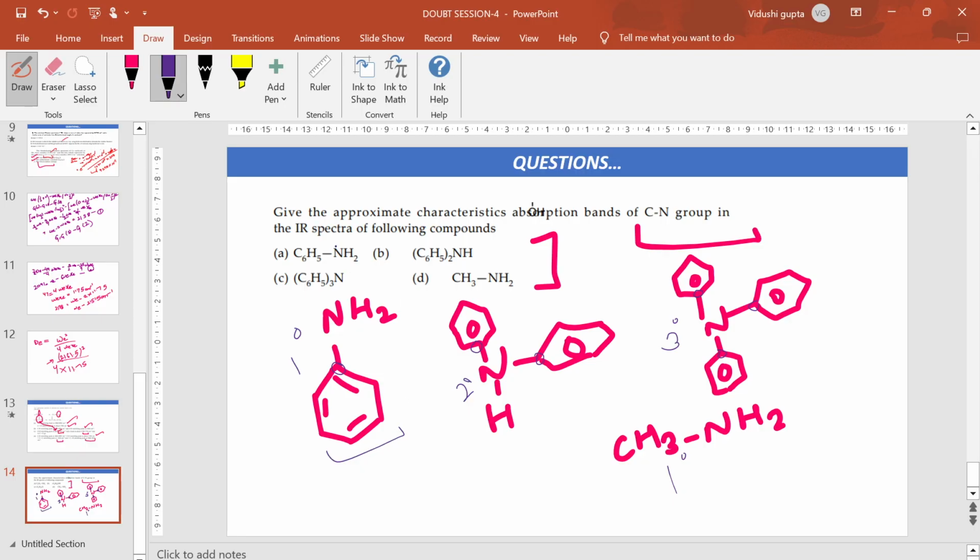Now, for the primary amine that is aromatic, it is 1340 to 1250. Then for the secondary amine, it is 1340 to 1280.